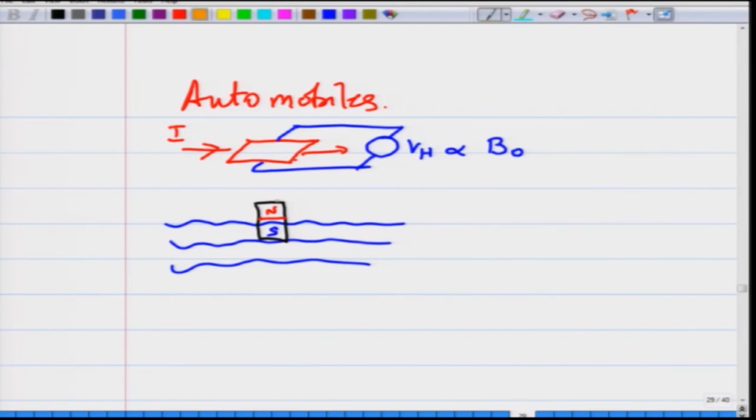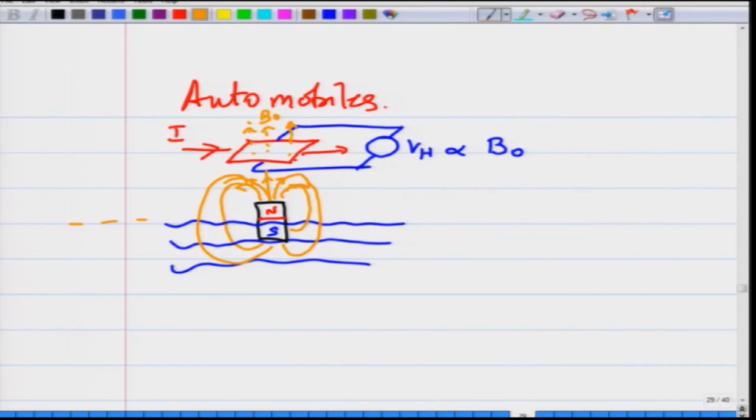The magnetic fields are generated from this magnet, which is floating on top of the fuel, and your sample is going to experience the magnetic field generated by the magnet. Whatever magnetic field B naught this magnet generates at this particular level, the Hall sensor is going to measure. What happens if the level of the liquid goes down?